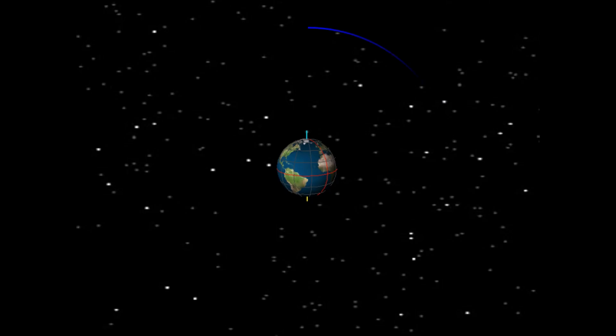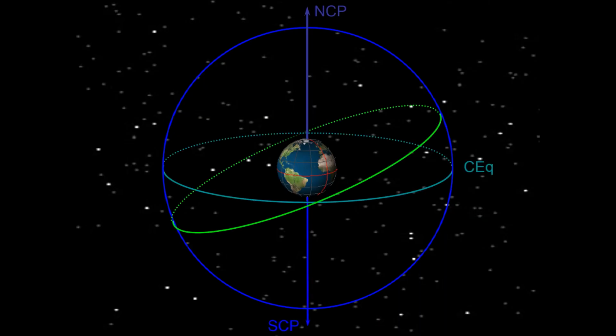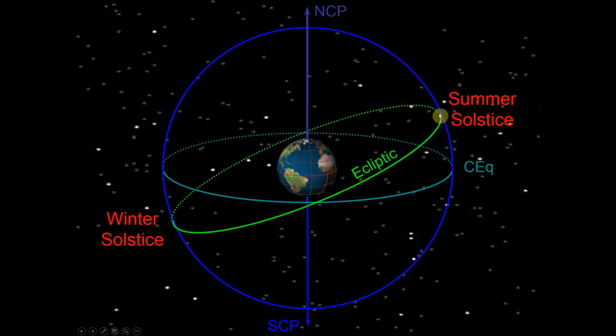And if we look at our ecliptic once again, here's our celestial sphere, north-south celestial poles, and our celestial equator. If we look at the ecliptic, the path of the sun across the sky, the sun will be at a maximum height compared to where we are at summer solstice, and a minimum height in the sky in winter solstice. And this is why we end up with different seasons.